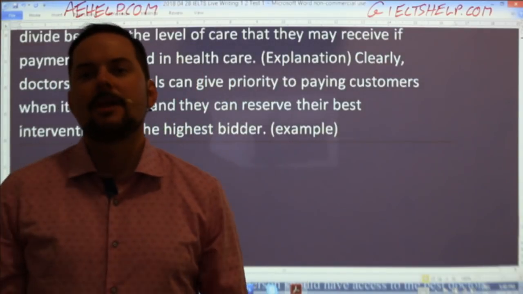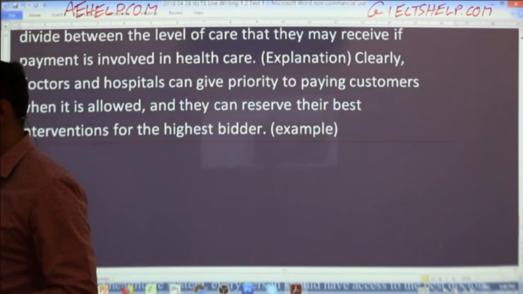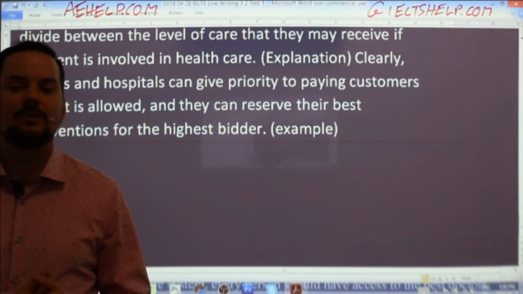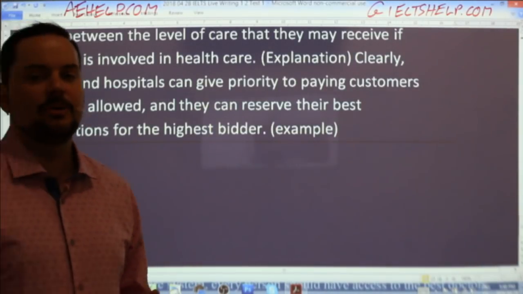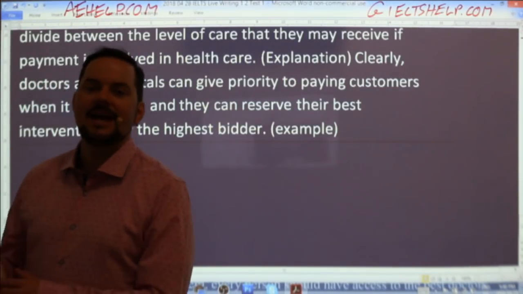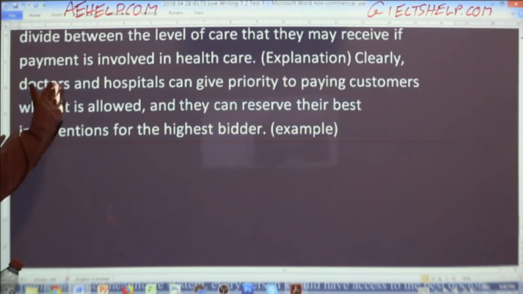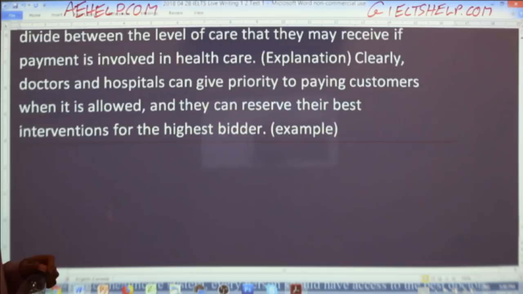All right? But those are good, Sem and Alien Eater. I like them. Okay, so now an example. Hopefully, while I was explaining a little bit here, some of you already started writing your examples. So let's have them. What is an example of people and hospitals giving priority to paying customers?